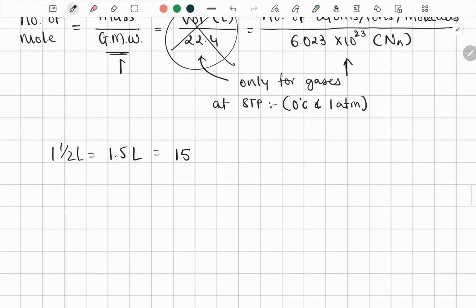How do we get that milliliter? Milli is nothing but 10 raised to minus 3. So if you go to 1.5 liter, we're going to do 1.5 into 10 raised to 3 into 10 raised to minus 3 liter.